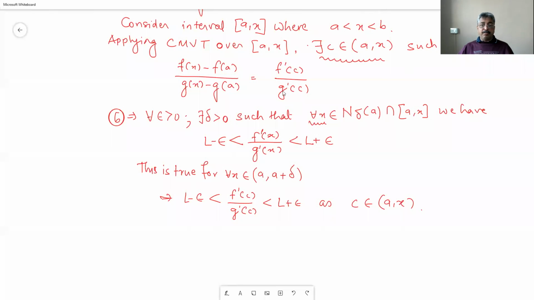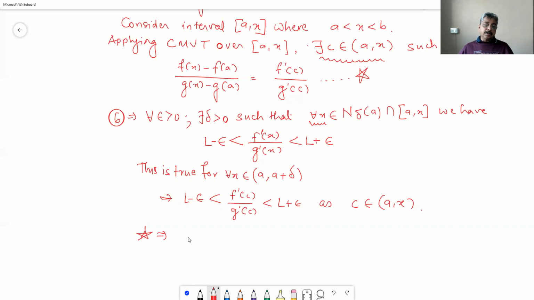And after that, now because this is true and this is true, maybe we should name them, but it is okay now. Let me call this star. This star implies L minus epsilon is less than f of x minus f of a upon g of x minus g of a is less than L plus epsilon.